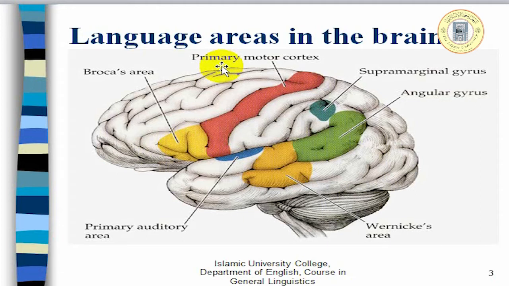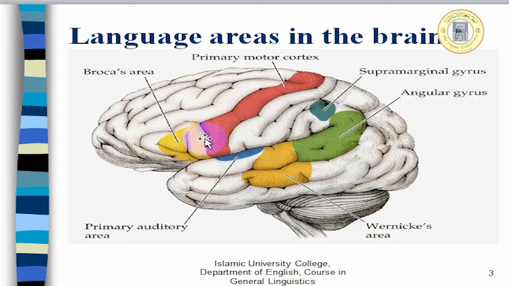Close to Broca's area is a part of the motor cortex that controls the articulatory muscles of the face, jaws, tongue, and larynx, and all other organs of speech.